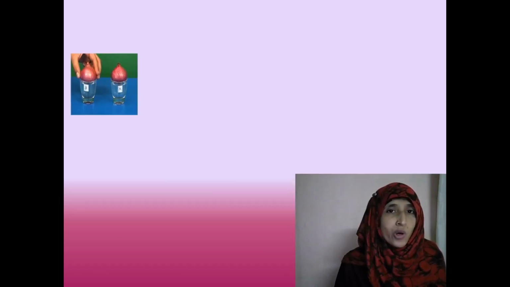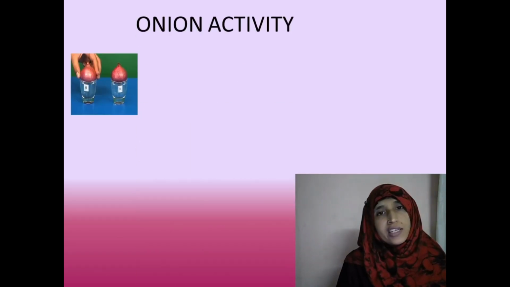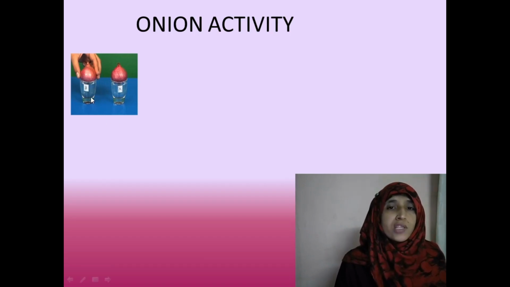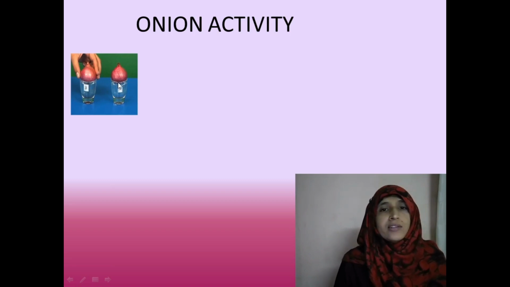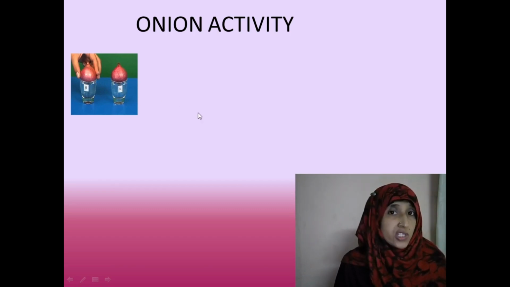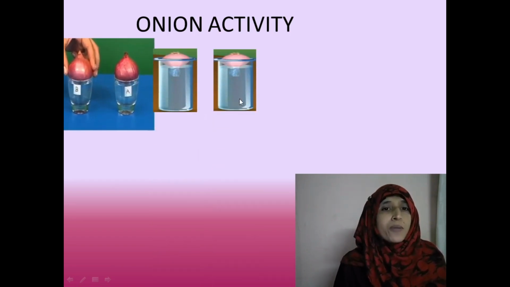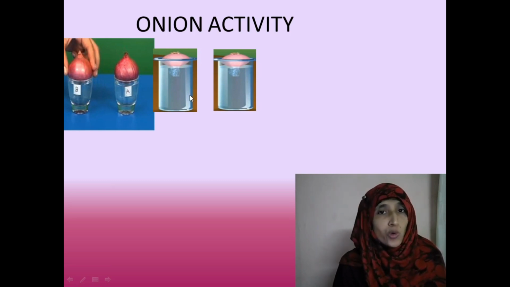Now, let us perform an activity wherein we take onions. We are going to take two onions with two glasses filled with water, and place them so that the root part of the onion is facing the water. Keep it for some days. What do you see? Do you notice any change? Yes. After some days we do see some visible growth in both the cases.